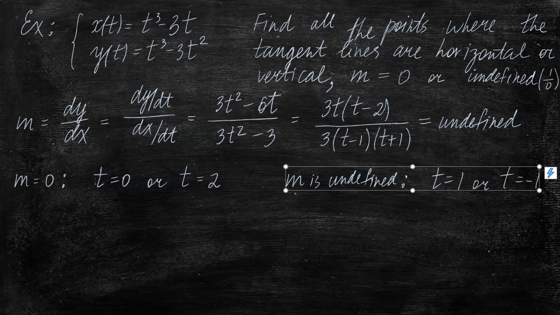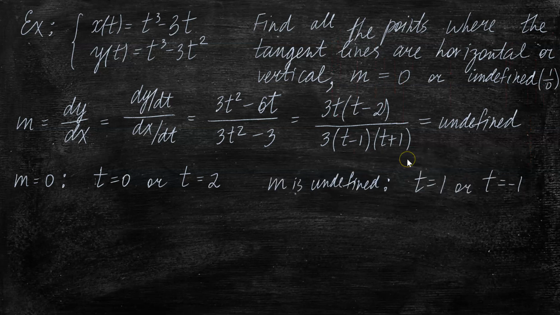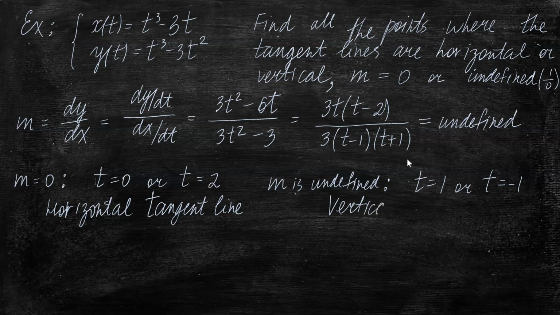So what appears from this analysis is that we're going to have a horizontal asymptote in this case. Sorry, not a horizontal asymptote, but horizontal tangent line. And we're going to have a vertical tangent line here.